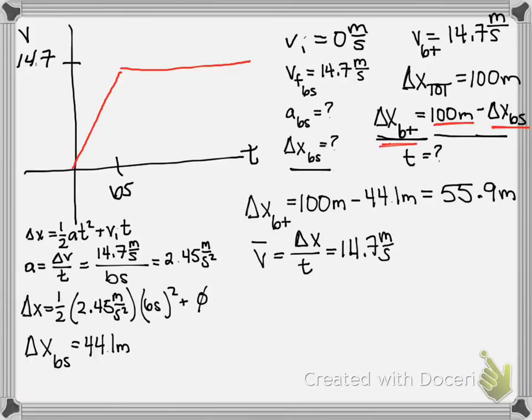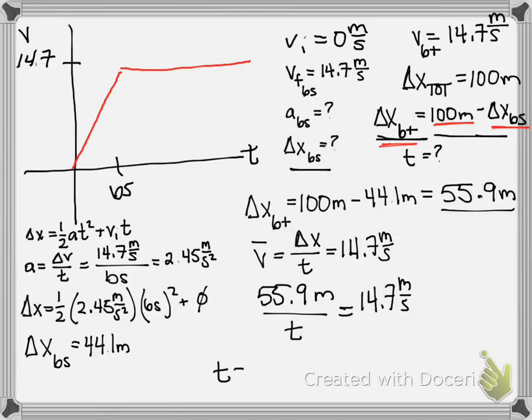I also now know how far she has to go in this leg. So now I can plug in here delta x of 55.9 meters divided by t seconds equals 14.7 meters per second. Solving for t, I get that that should take her an additional 3.8 seconds.